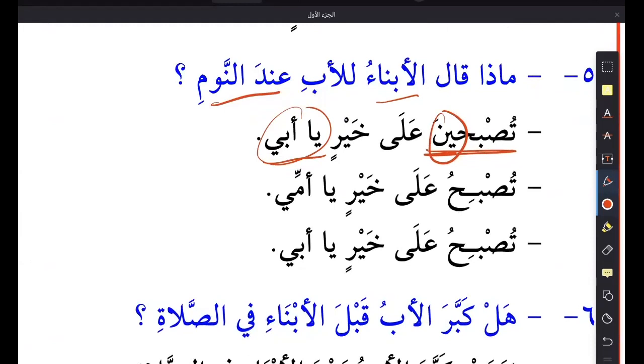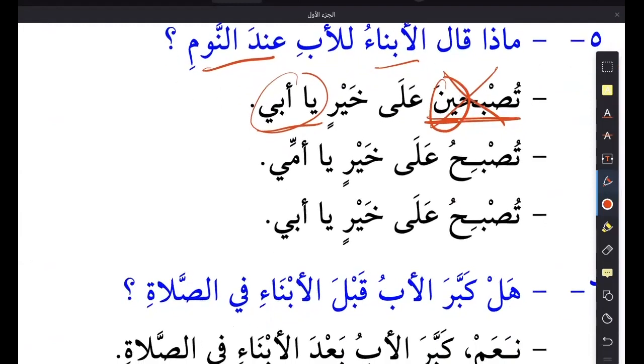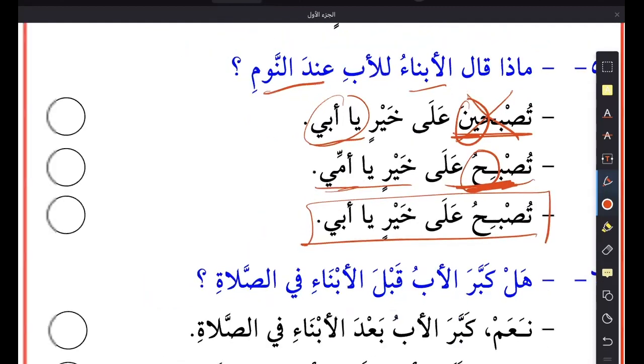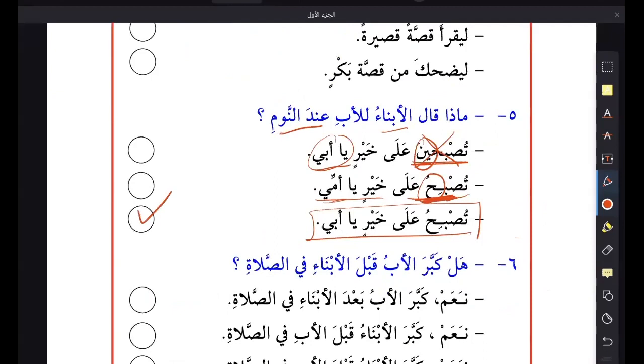So this is grammatically wrong. Same thing here. You cannot say tusbihu ala khayr ya ummi, because this verb is also grammatically not agreeing with the subject. So this is also not grammatically correct. You have to say tusbihina ala khayr ya ummi. So this is the one that is grammatically correct. Tusbihu ala khayrin ya abi. So this would be the one.